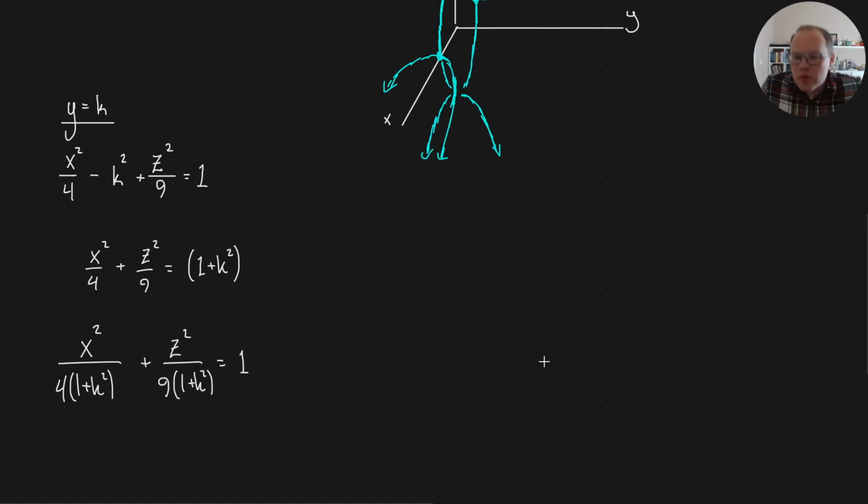What I'm doing here is kind of a more advanced technique. Instead of looking at a particular value of k, and I could have plugged in 1 or 2 or 5, I'm trying to say, generally, what's the behavior here? As I change the y, how does the trace change? And I'm looking at this and I say, this will always be an ellipse.